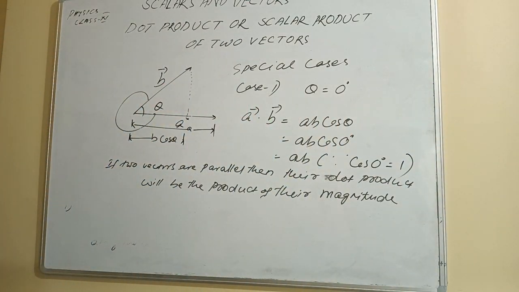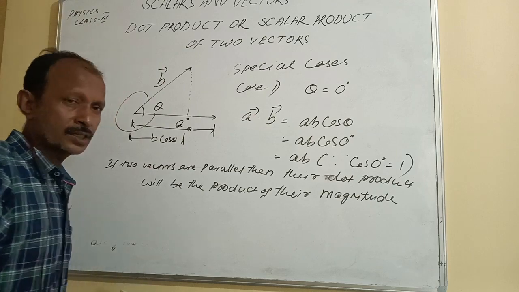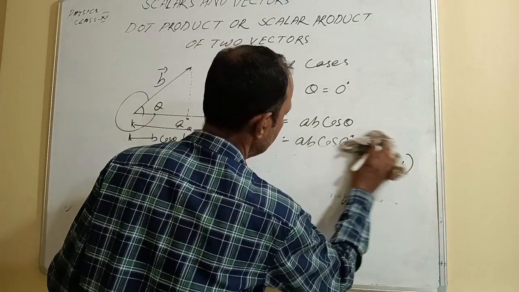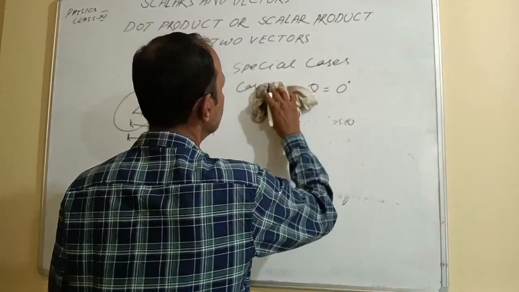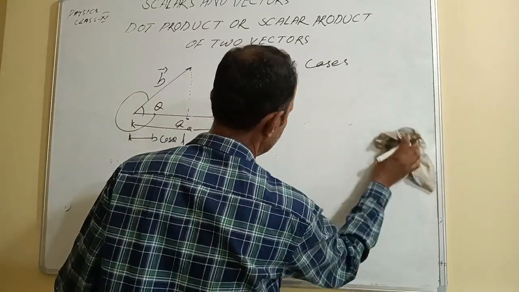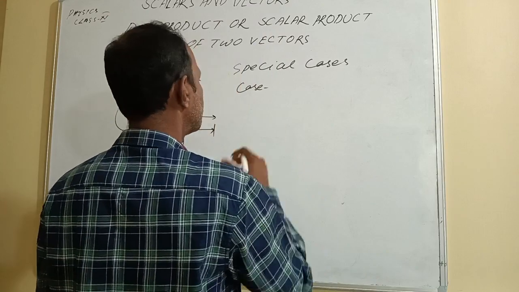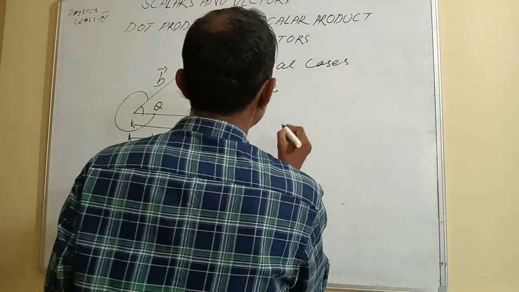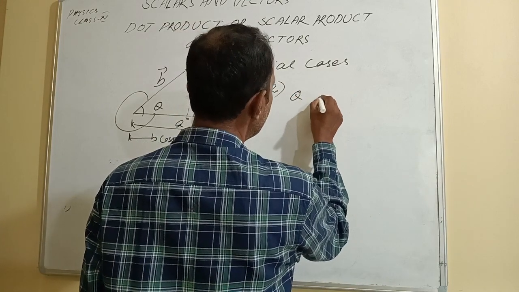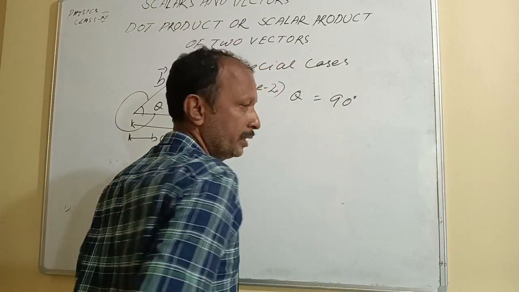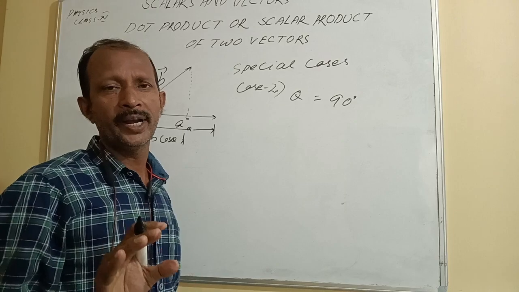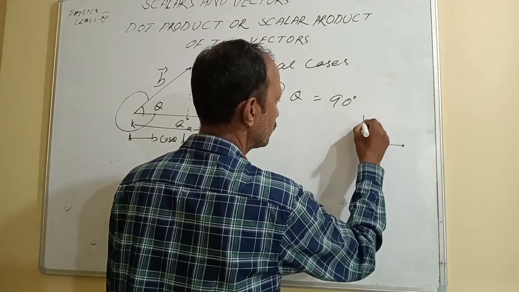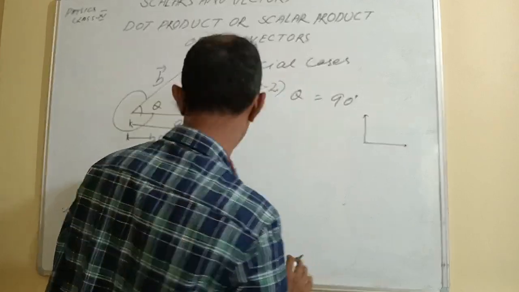Second case we will take. Case number 2: theta equal to 90 degree. That means two vectors are perpendicular. Like this way you can say that two vectors are perpendicular.